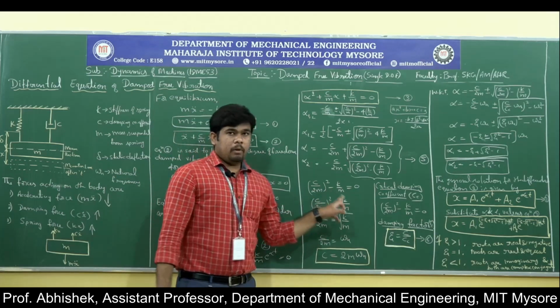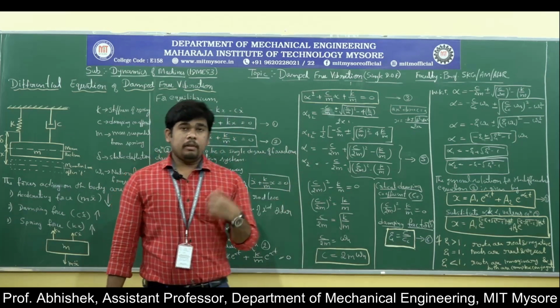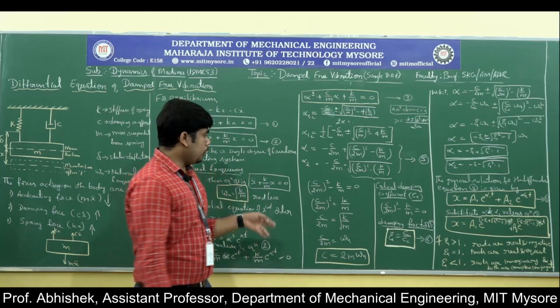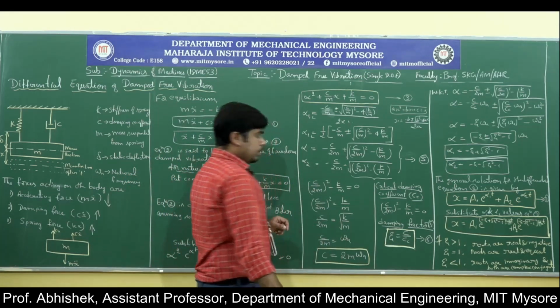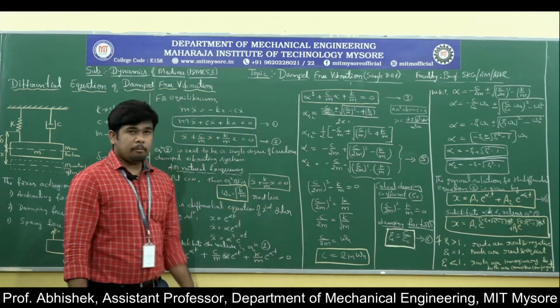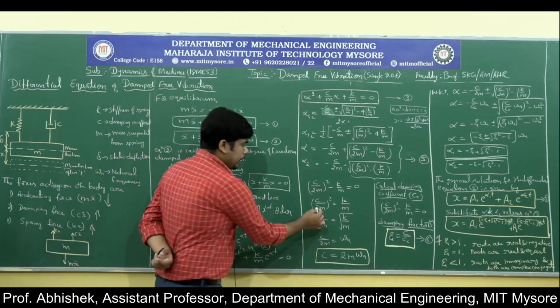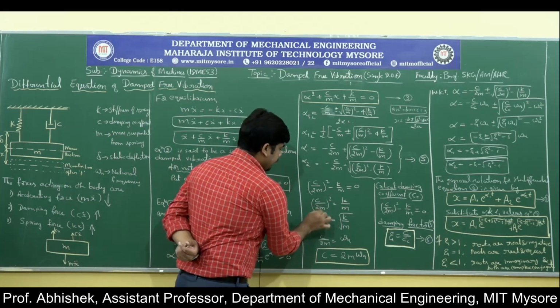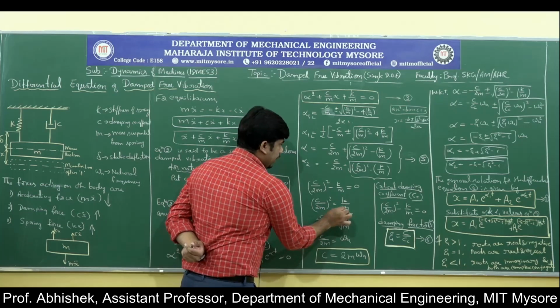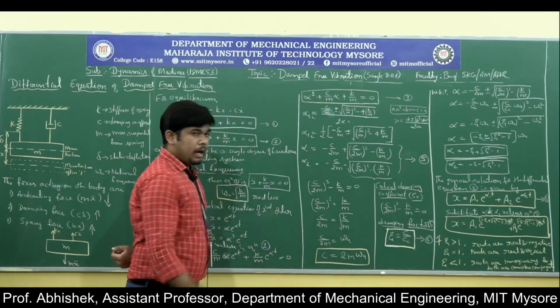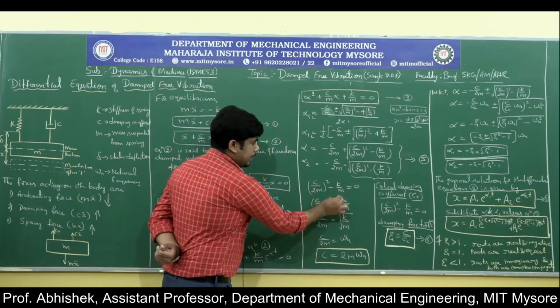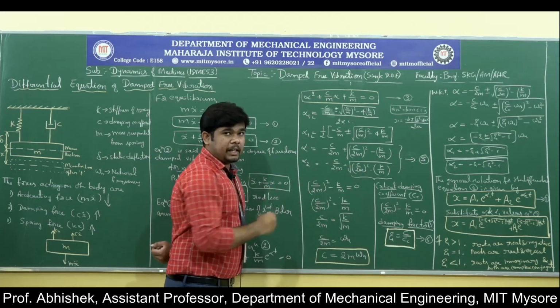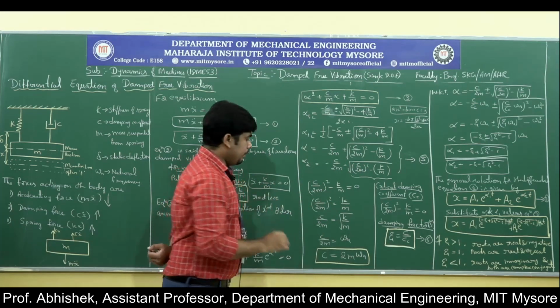Suppose for any one of the factors alpha 1 and alpha 2, the term (c by 2m) whole square minus k by m becomes 0. Then the expression becomes (c by 2m) whole square is equal to k by m. Here it is minus k by m, which I have just shifted to the right hand side, so it becomes k by m.